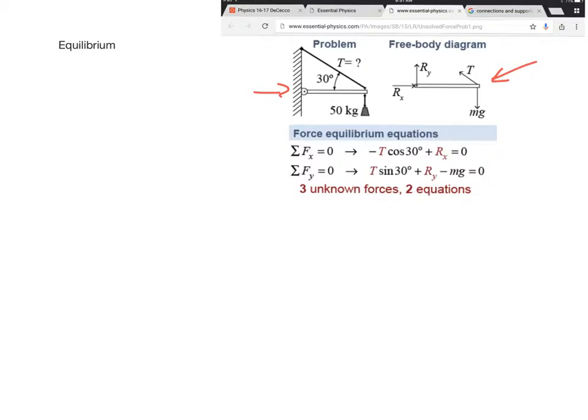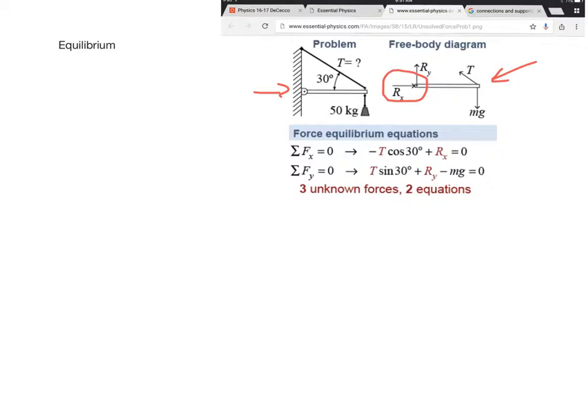The tough one here, I think, is this Rx and determining the direction at which that is pointing. So we have to reason out how the other forces are acting in order to determine what the force is at that pin.